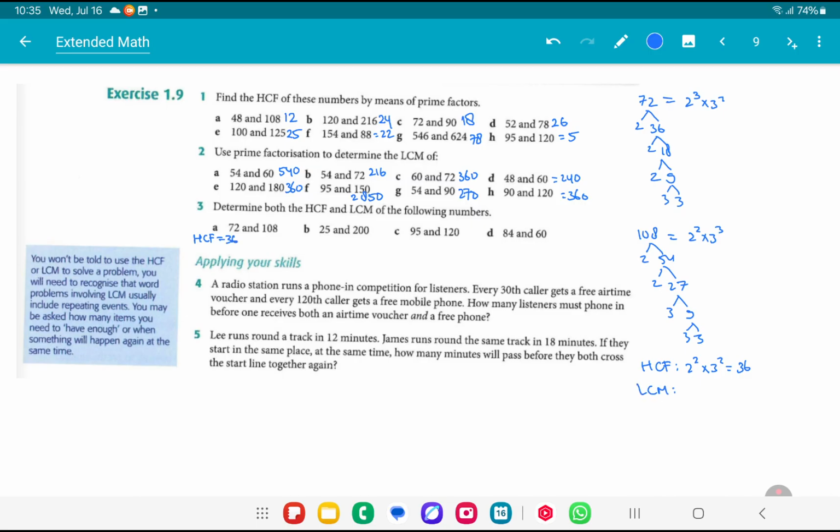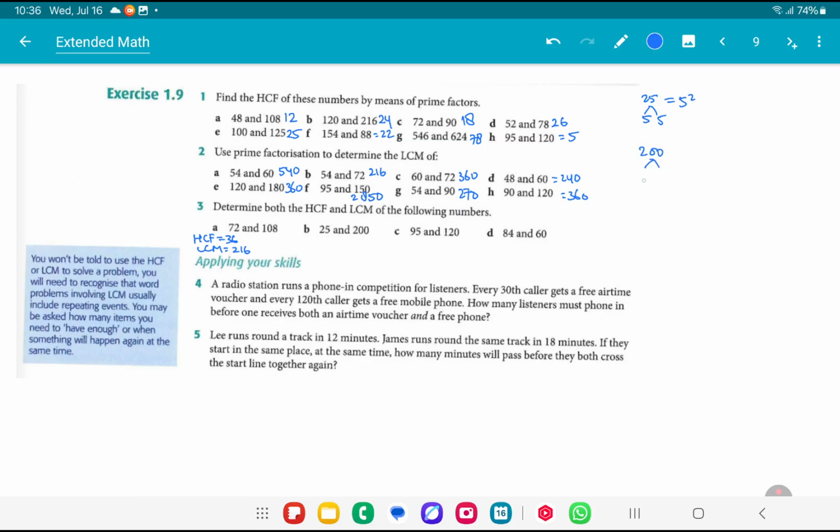And for the least common multiple, we get 2 cubed times 3 cubed. So 8 times 27, 216. Next, we continue with 25, which is 5 squared, and 200: 2 and 100, 2 and 50, 2 and 25, 5 and 5.